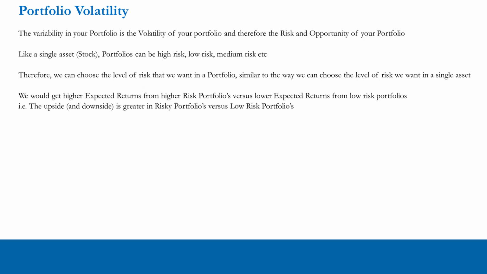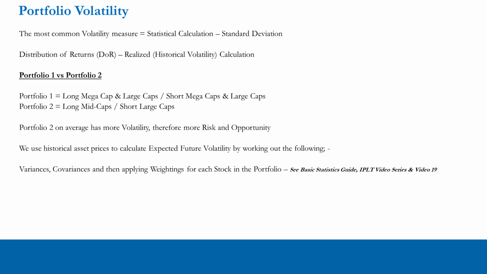In terms of volatility calculation methods, the most common volatility measure is the statistical calculation of standard deviation. This is very similar to the distribution of returns method that we've looked at previously for realized or historical volatility. So we're utilizing the same methods that we use for single assets to calculate portfolio volatility.